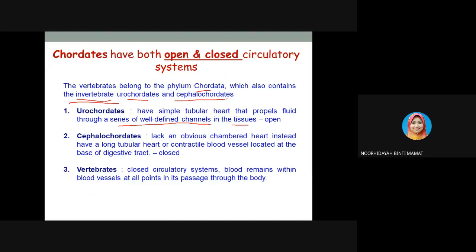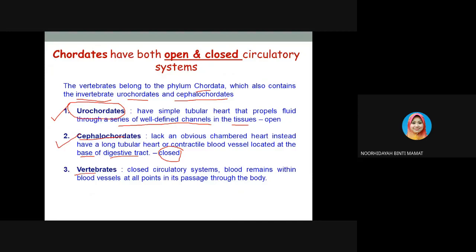So the Urochordates, the invertebrates, have open circulatory systems, while the other invertebrates in the phylum Chordata, the Cephalochordates, lack an obvious chambered heart. Instead they have a long tubular heart or contractile vessels located at the base of their digestive tract. So these cephalochordate invertebrates have a closed circulatory system.